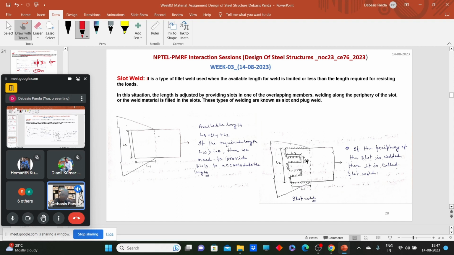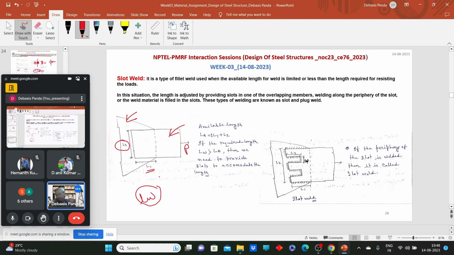Say, for example, we need to connect this plate with this gusset, where this overlap length L1 is limited, and this L2, the depth of this plate, is also limited. Now think we need to transfer a load P, and to transfer this load P, say an effective length LW should be provided.